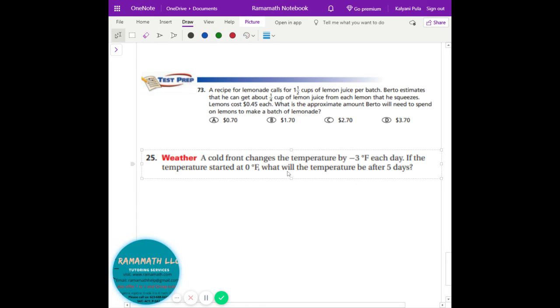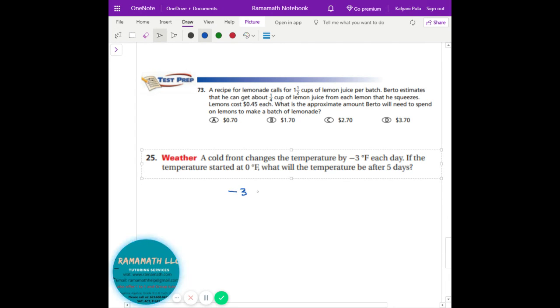Another application problem on the weather. A cold front changes the temperature by -3 degrees each day. If the temperature started at 0, what will be the temperature in 5 days? Fahrenheit? That's right, degrees. So you can do this problem 2 different ways.